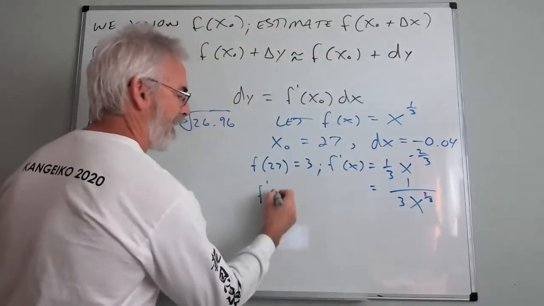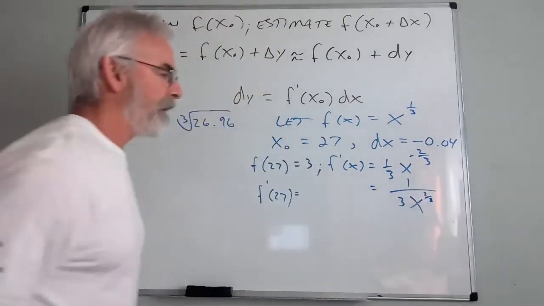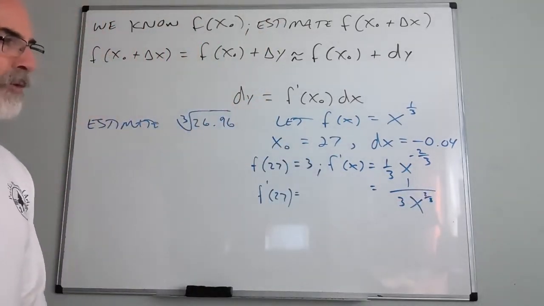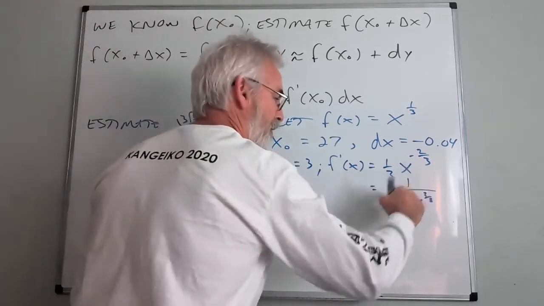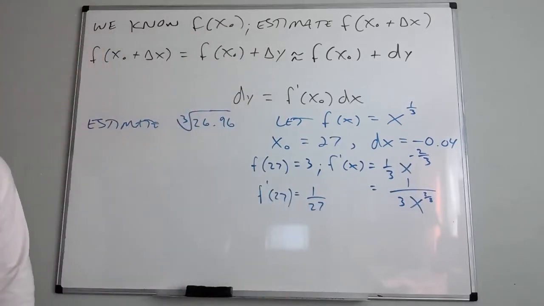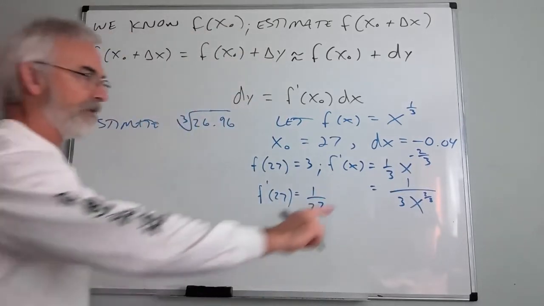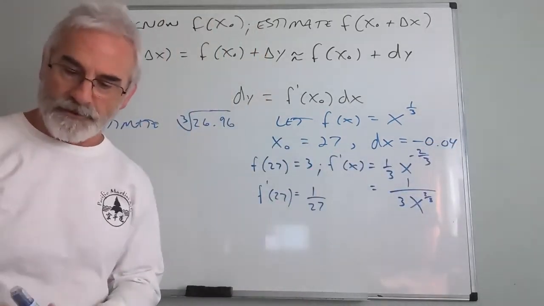Therefore, what's f prime of 27? Well, if I put a 27 in here, the cube root of 27 is 3. 3 squared is 9. So this would be 1 over 3 times 9. That's just simply 1 over 27. Okay, and then we've got this. So we actually have everything we need now to answer the question completely.